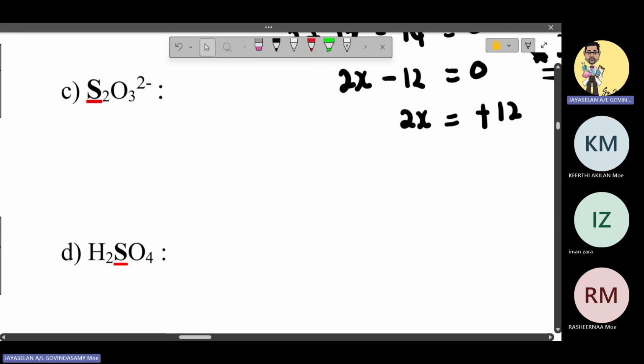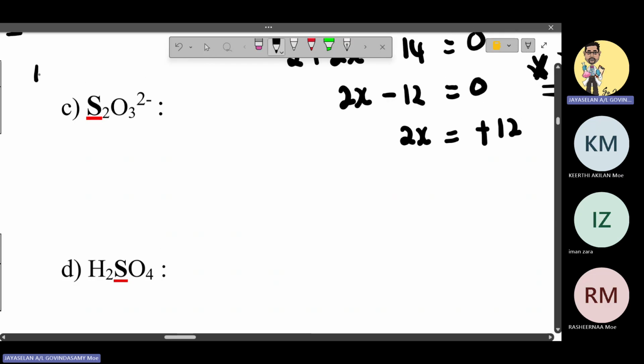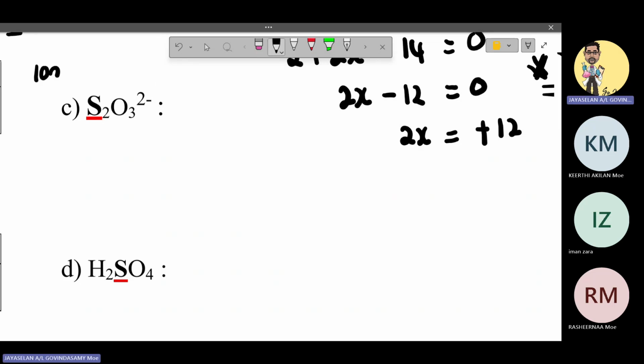Okay, look at this. So this is not a compound. This is an ion. Okay, how do we know? You look at this. When you see here is negative 2, you know the ion carries negative 2. So what you do? You sum up, and after you sum up, you should get negative 2.